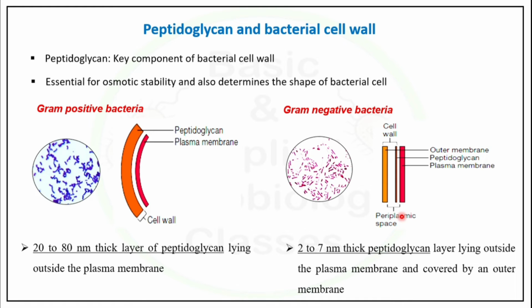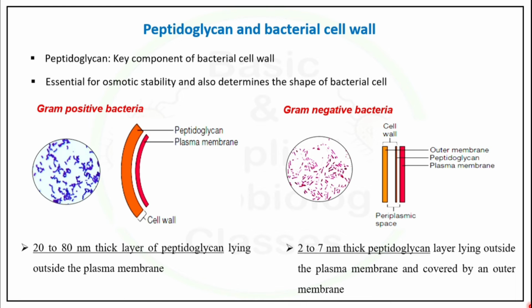This is truly the basis of the differential response shown by different types of bacteria towards the gram staining procedure. When we use the same gram staining procedure to stain different types of bacteria, why is the response different? Because of such differences in the cell wall of gram positive and gram negative bacteria. In detail, I have already discussed this in part 1, so you can update your knowledge from there.